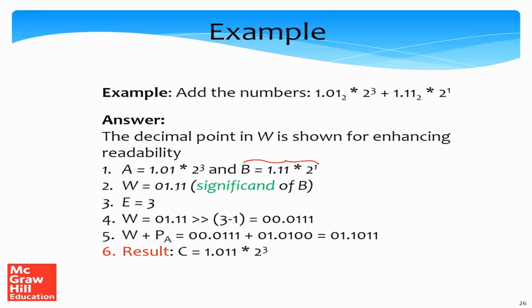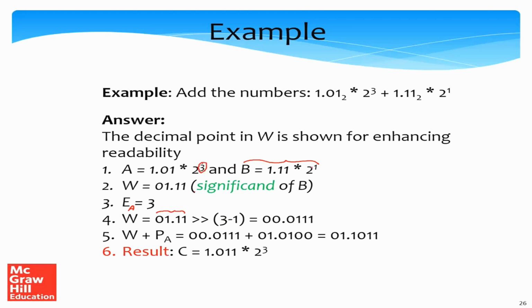So in this case, W will be 01.11, which is the significand of B. E, the final exponent, is 3. To align the decimal points, we need to right shift W, 01.11, by 3 minus 1 places. Why 3 minus 1?